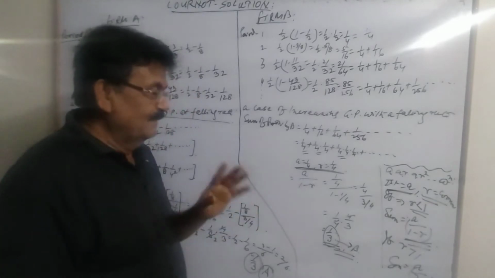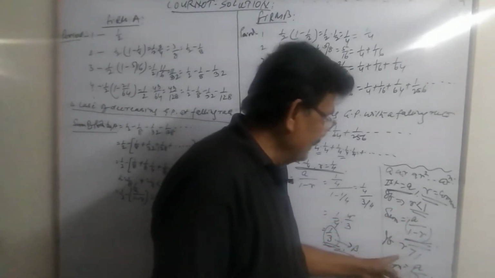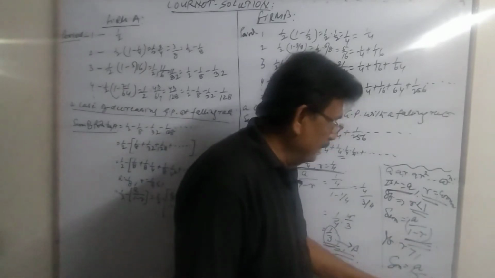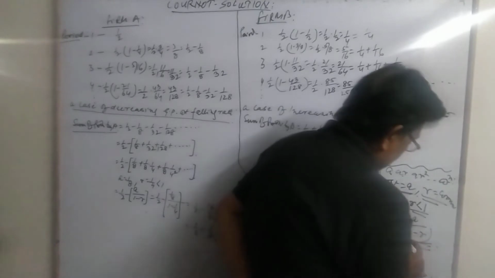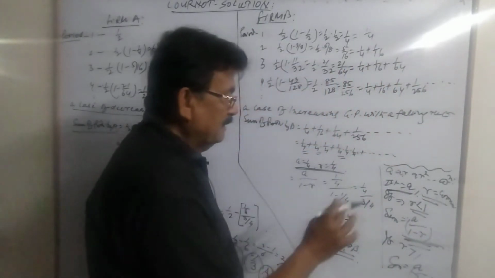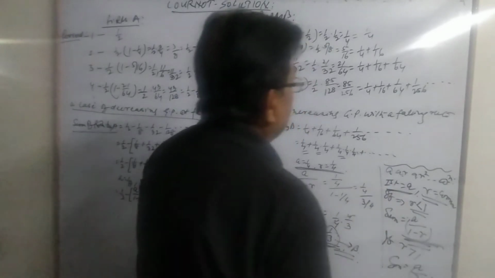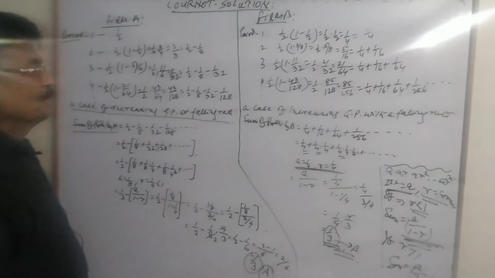In this case, we shall use the first formula, because in both of the GPs, R would be less than 1. Now let us come to this case and see how the action and reaction comes.